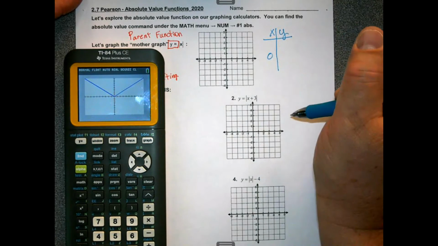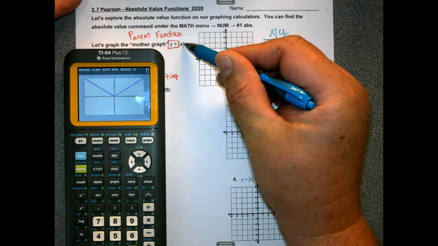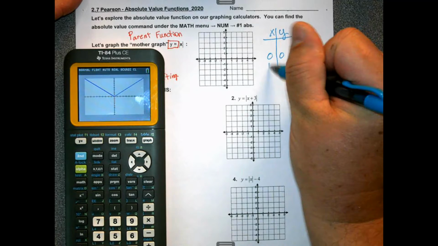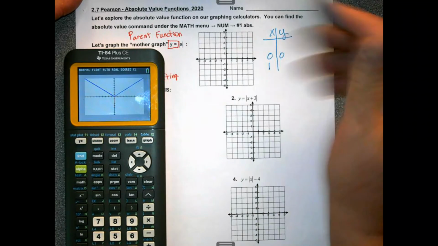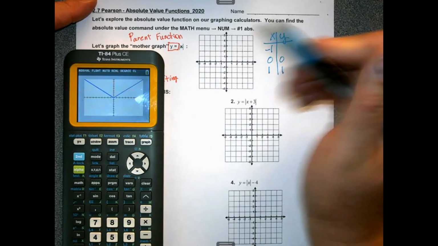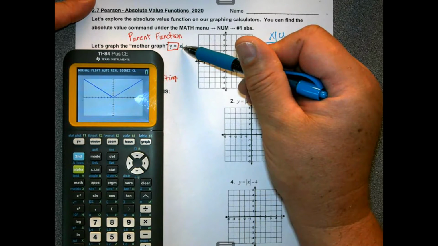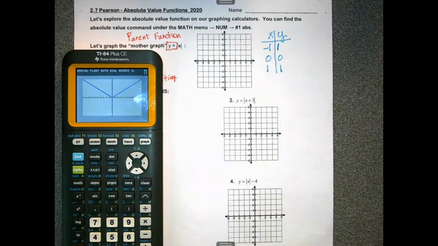If I put in 0 for x, the absolute value of 0 is 0. So there's my y. If I put in 1, the absolute value of 1 is 1. If I put in -1 for x, the absolute value of -1 is +1. So there are my 3 points.